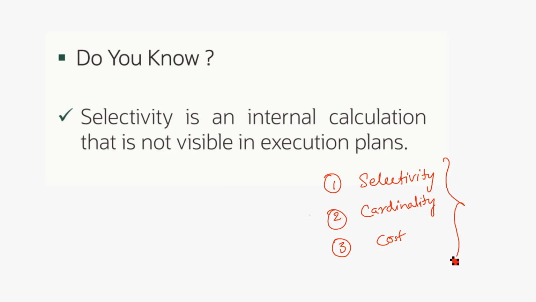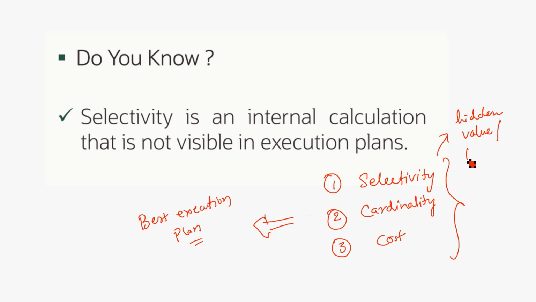On these three bases, the optimizer selects the best execution plans. Always remember this. And these are the hidden parameters the optimizer uses.